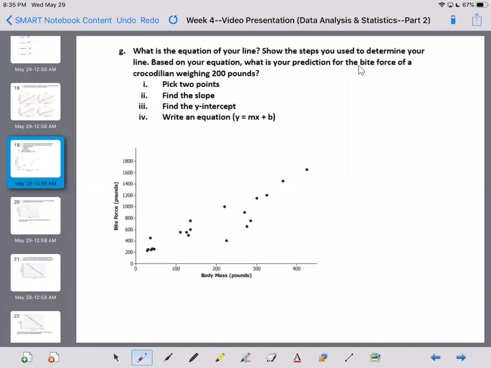Now, let's look at how we would create a line of best fit and determine an equation to do so.